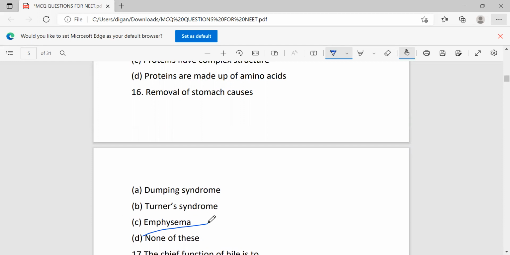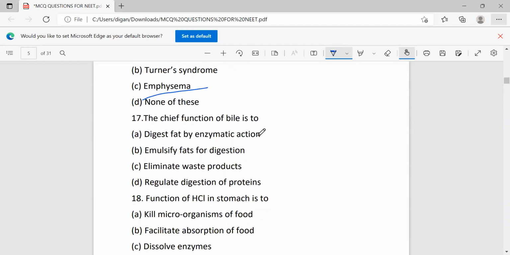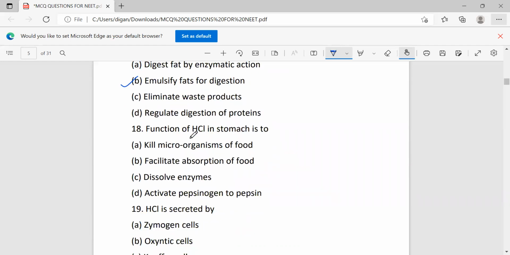And the correct option is A, means dumping syndrome. Next, the chief function of bile is, four options are given, and the correct option is emulsify fats for digestion.